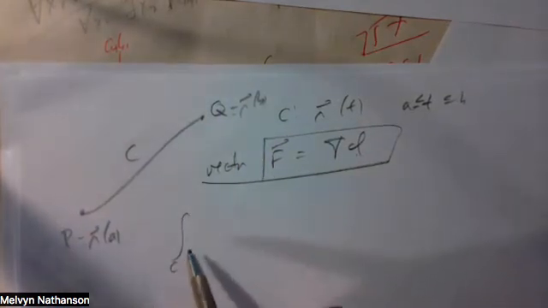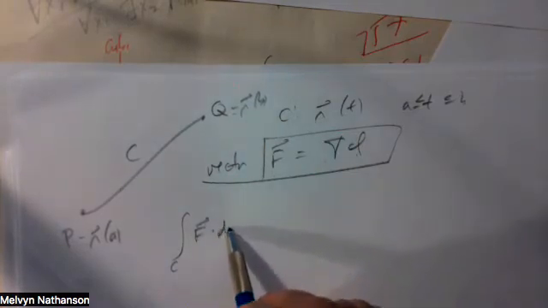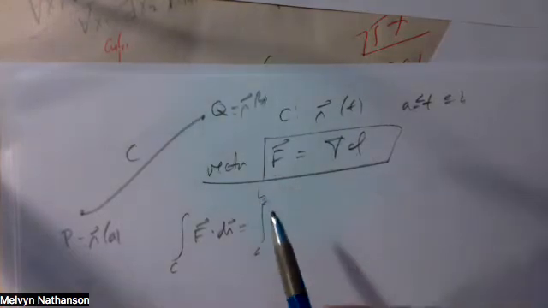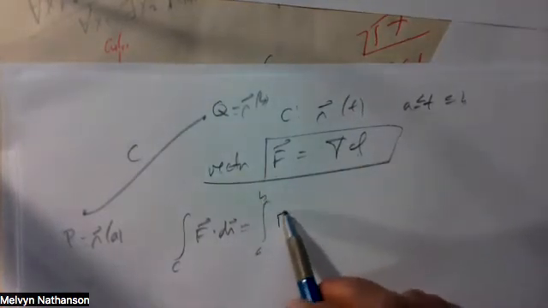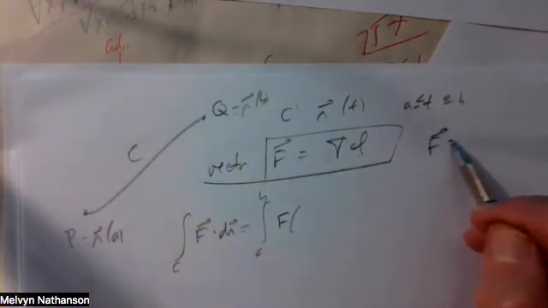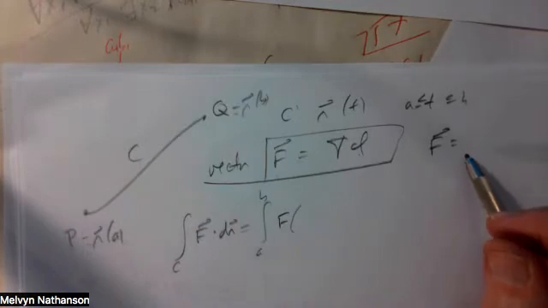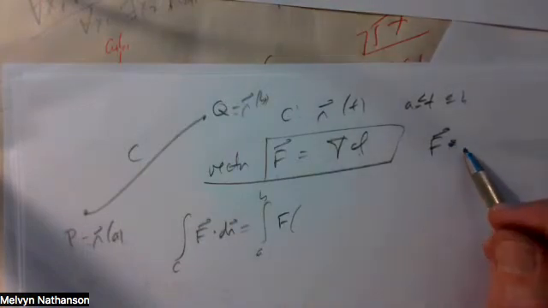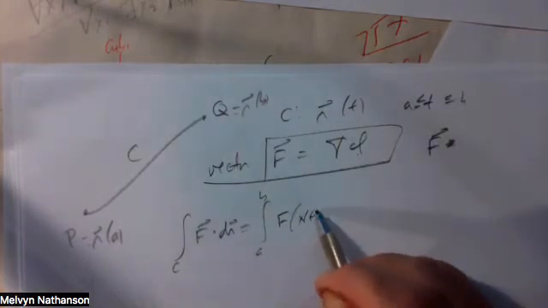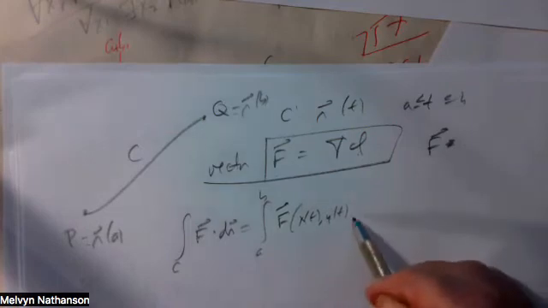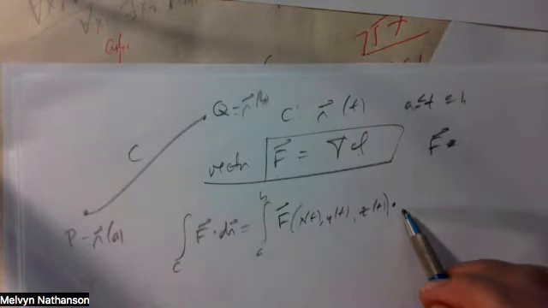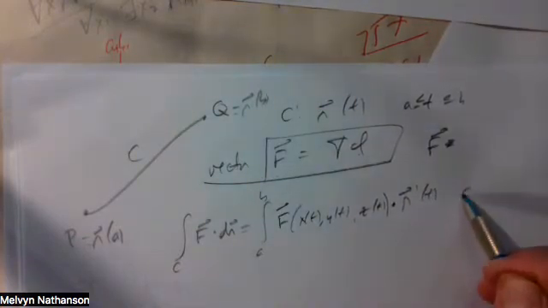So the integral along this curve, F dr, what is this? This is the integral from a to b of F at the point x of t, y of t, z of t, dot product with r prime of t dt.